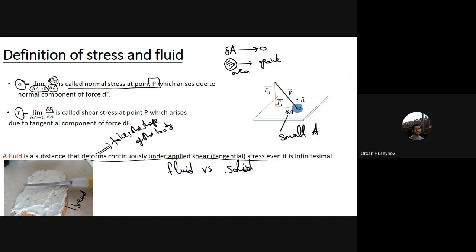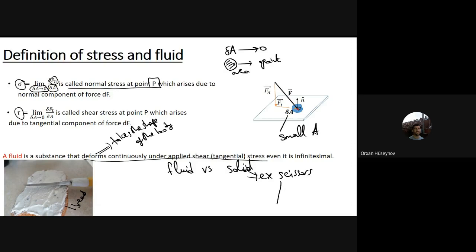But for the solids, the definition is different, because solids resist applied shear stress till some point and then they break. The famous example I can give you is the scissors. Scissors work by the shear stress, because you have two blades of the scissors.